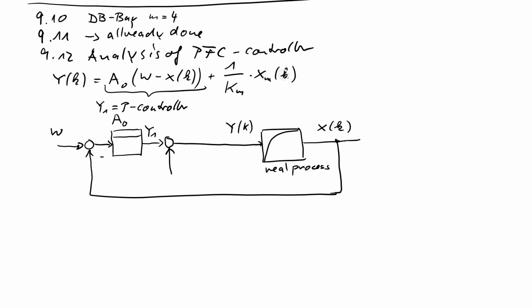This xm of k is an output of a PT1 model, and the input of the PT1 model is my y of k. So the y of k signal goes into a second PT1, and the second PT1 is my model.